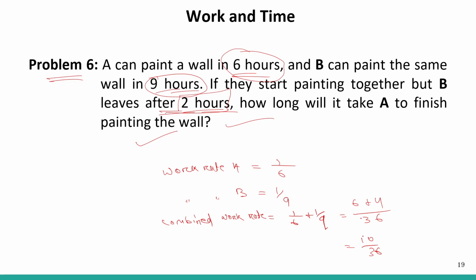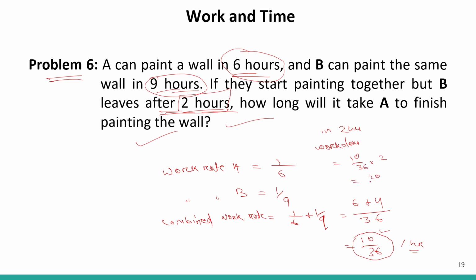Okay, since the combined work rate is 10 by 36, let's figure out how much work is actually done in 2 hours. So this much of work is done in an hour. So in 2 hours, work done is equal to 10 by 36 into 2, right?